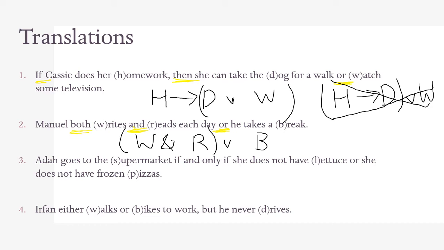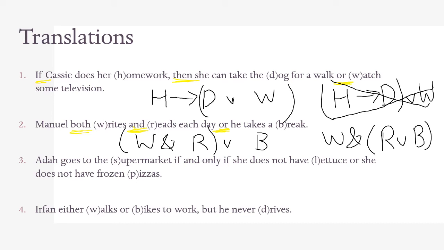And that makes more sense than writing it like this, because I'll read you back this sentence. Manuel writes and he either reads or takes a break.